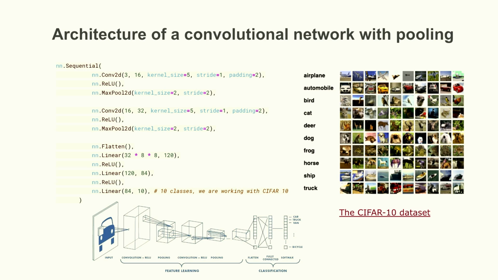Then we do a flattening call to convert these 32 feature maps of size 8 times 8 into a 2048 dimensional vector. 3 dense layers progressively reduce the dimensions to classify images into 10 categories. The schematic shows how the feature learning happens, followed by the classification stage that we're doing with a multi-layer perceptron, as we saw before.